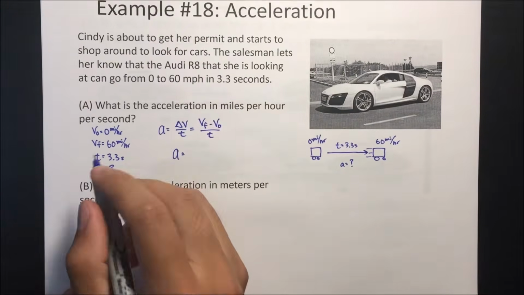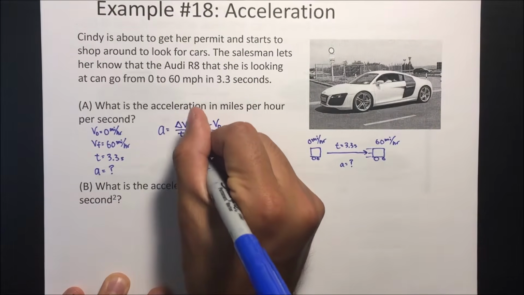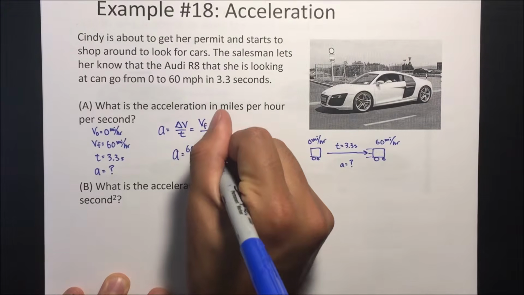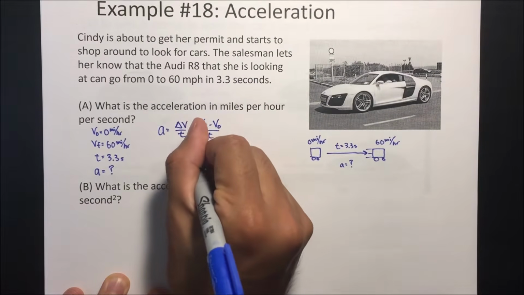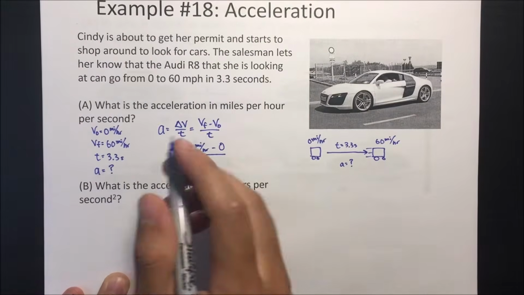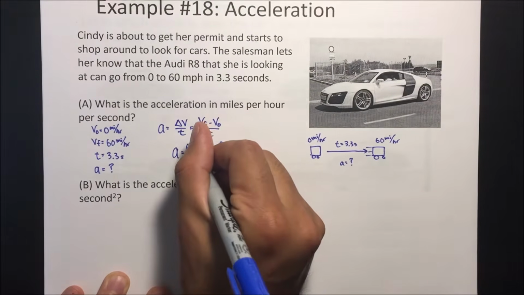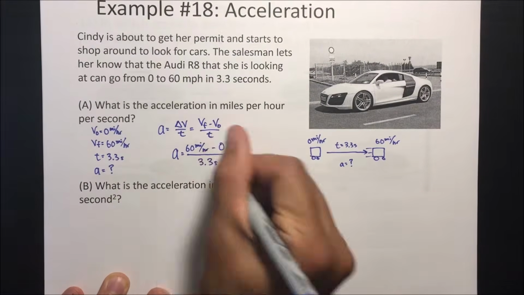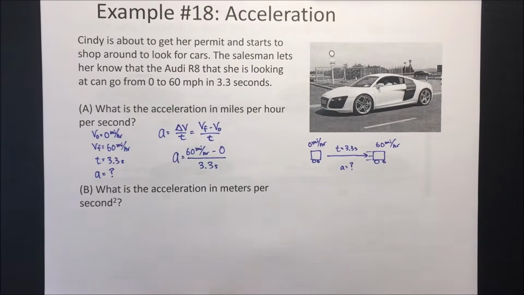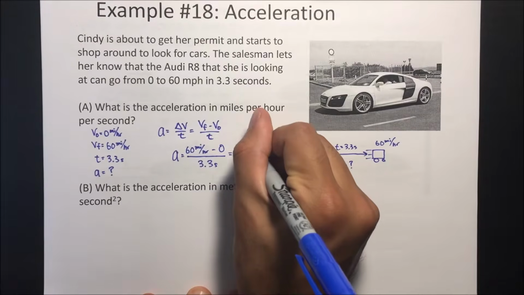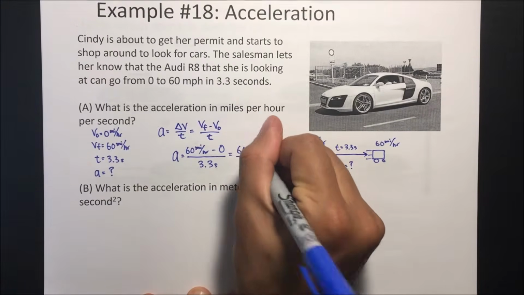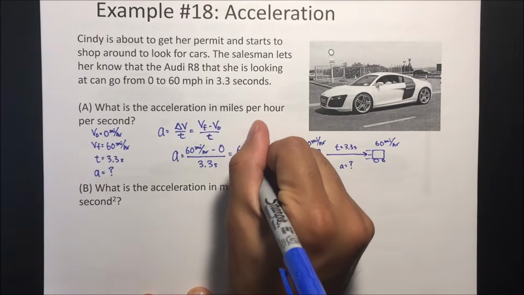We know the final velocity, it's 60 miles an hour. We know the initial velocity, it's 0 miles an hour, or just 0. And the time is equal to 3.3 seconds. So this simplifies to 60 miles an hour every 3.3 seconds.